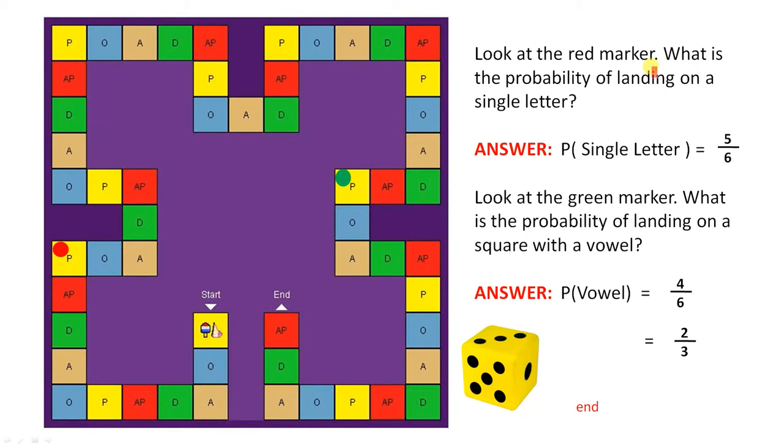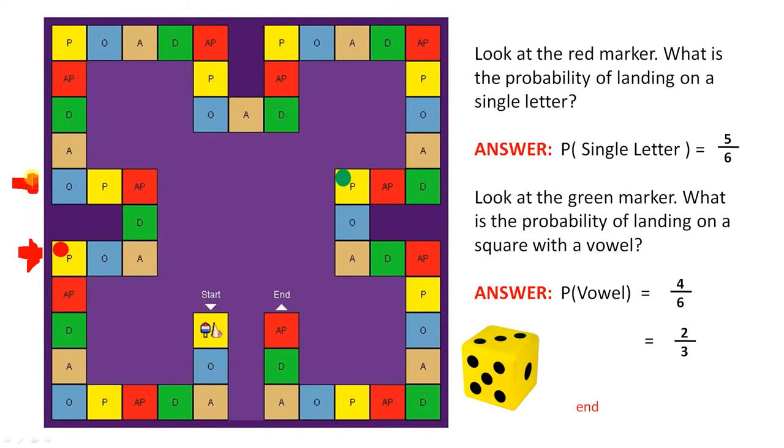Look at the red marker. Now, where's that? Here it is. There. What is the probability of landing on a single letter? Now let's see what's the furthest we can go, because we've only got 6 numbers on the die. 1, 2, 3, 4, 5, 6. So let's double check that.